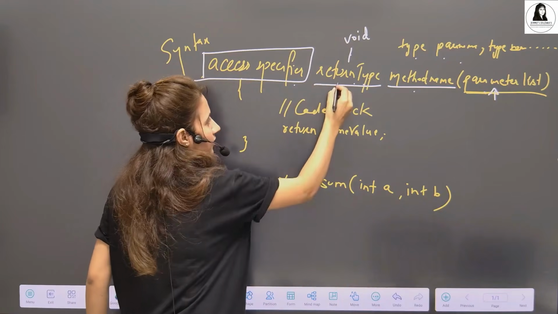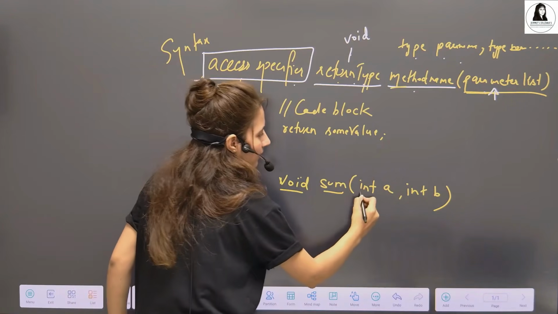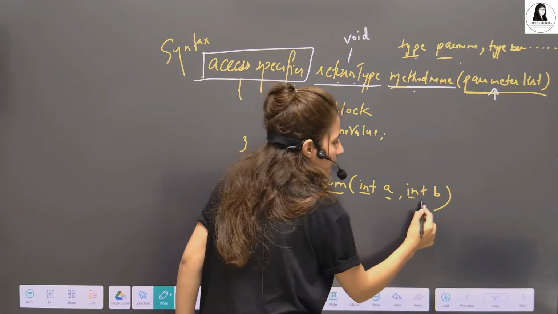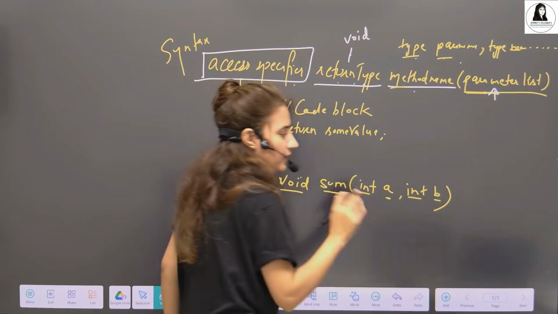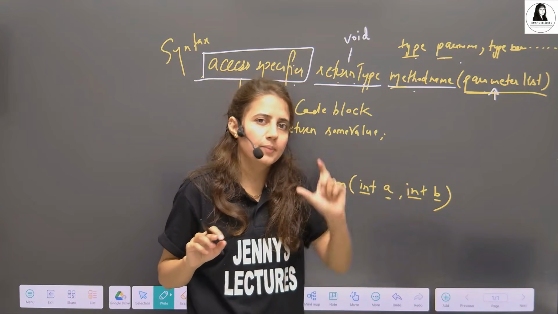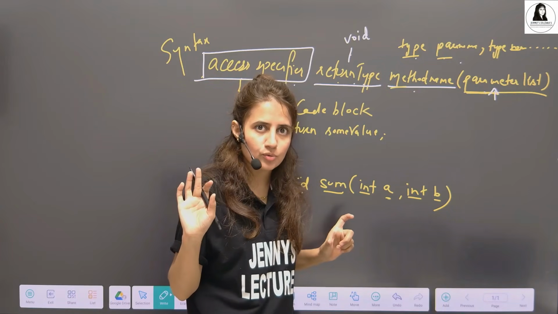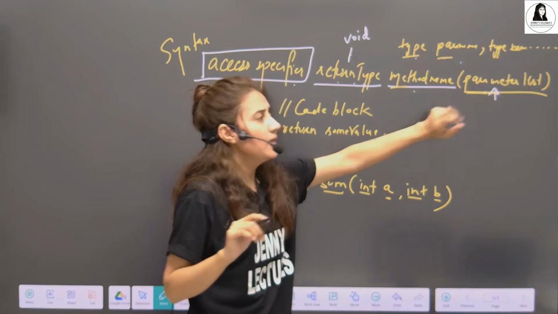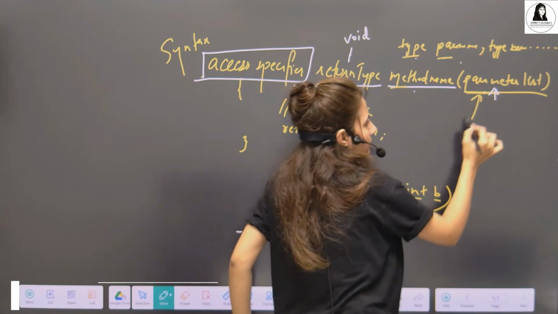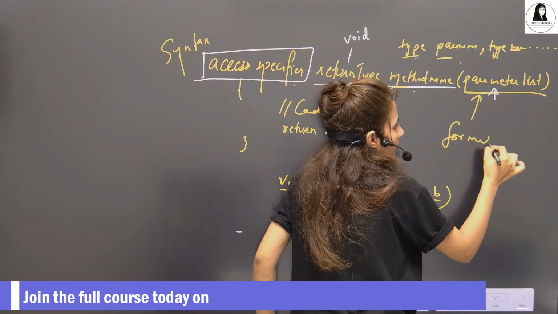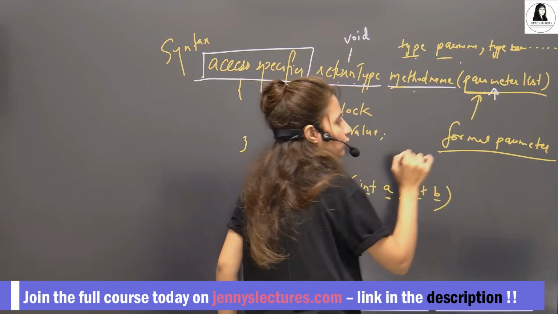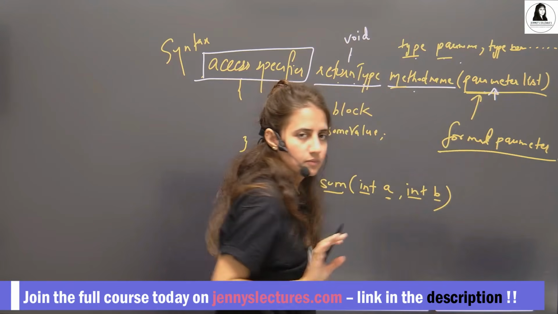So here void is the return type, sum is the method name, int is the type, a is the name of first parameter, int is the type of the second parameter, and the name of the second parameter is b. So it is only accepting two parameters. There can be many parameters also. And these are known as parameters or formal parameters.